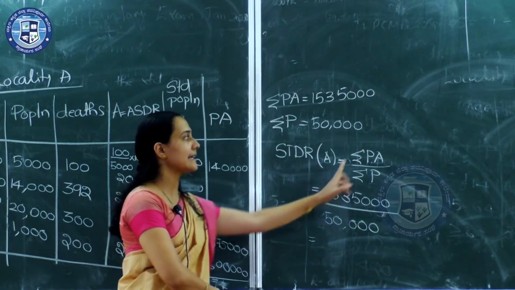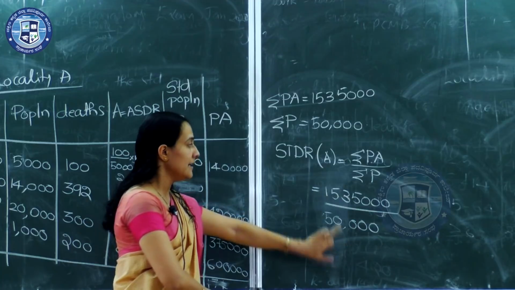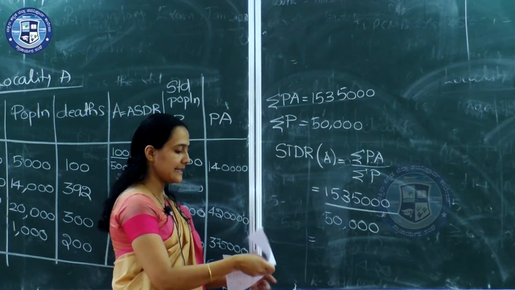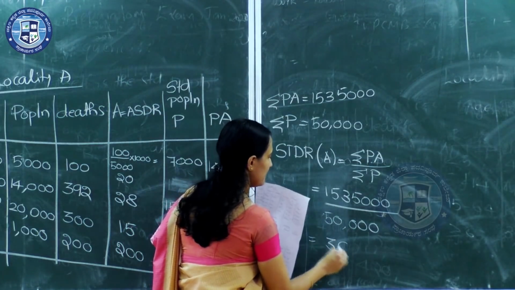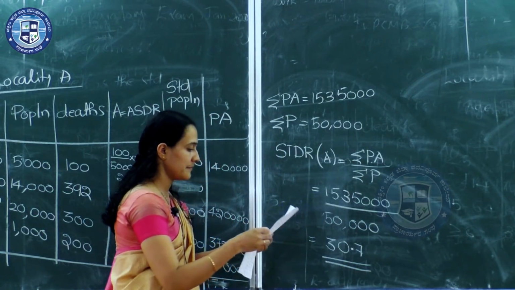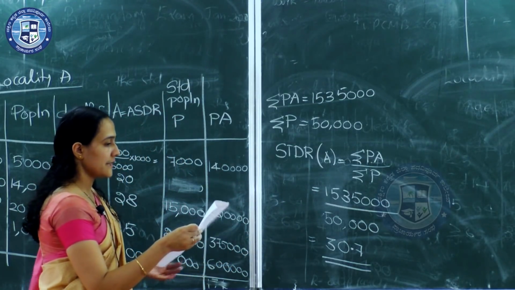For STDR, the formula is sigma PA divided by sigma P. Sigma PA is this one. Sigma P is this one. Answer is 30.7.